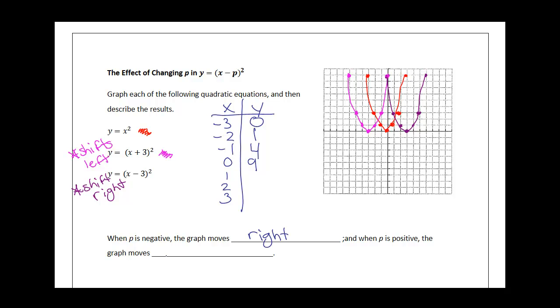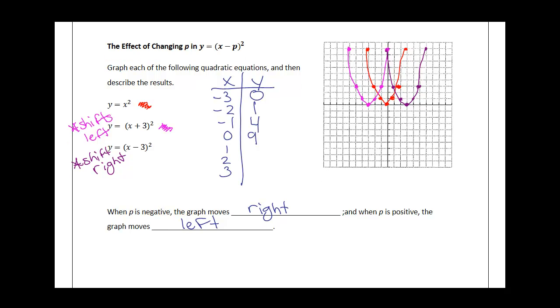And when p is positive, the graph moves left. So remember that when it's positive, it's actually going to shift in the negative direction, and when it's negative, it'll shift in the positive direction. So it'll be the opposite in this case, where it stayed the same in our q case.